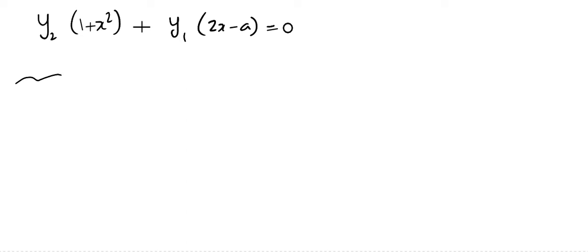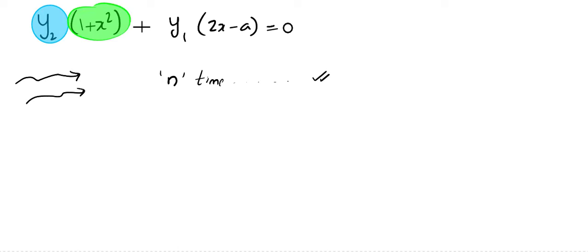So as I told you before, in your exam please make sure you write differentiating the above expression n number of times with respect to x. This is very important. Your presentation is very important in exam. Okay, so let's apply. And as always, I'll put the colors blue and green.